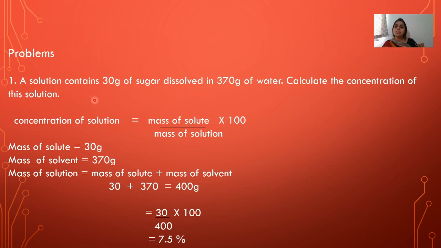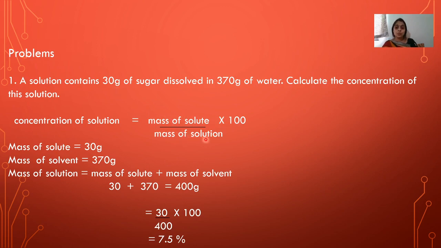Coming to the problems, a solution contains 30 grams of sugar dissolved in 370 grams of water. Mass of the solute is how much? 30 grams. Solvent, how much is there? 370 grams, right? Calculate the concentration. Write down the formula: mass of the solute divided by mass of the solution into 100, because it is solid. Mass of the solute is 30.